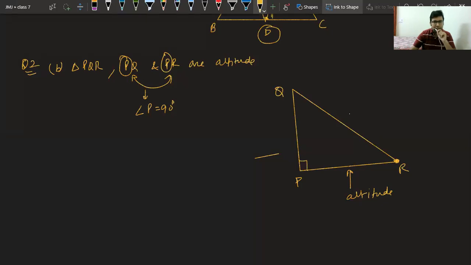And if you see, this altitude is perpendicular on base QP. Similarly, if we start from this vertex, QP is a perpendicular on PR. Class, try to understand, we have two perpendiculars here. The first perpendicular is PR and the second perpendicular is QP. That is why they both are altitudes.